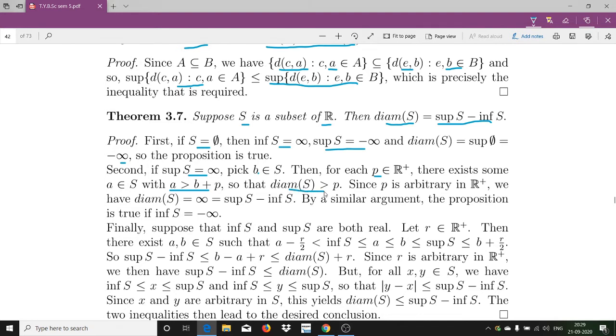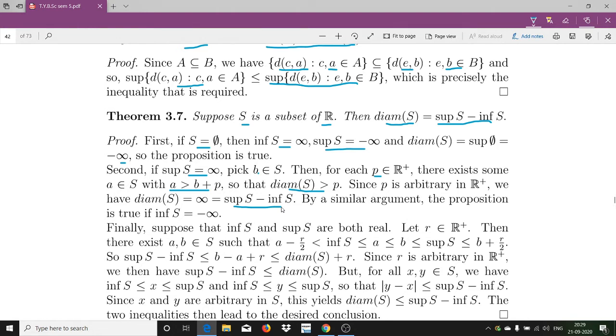But what was p? p was any arbitrary positive real number. Therefore you can say the diameter of S is strictly greater than every positive real number. That means the diameter of S is equal to infinity. Now can you say that this infinity is equal to the supremum of S minus the infimum of S in this case.